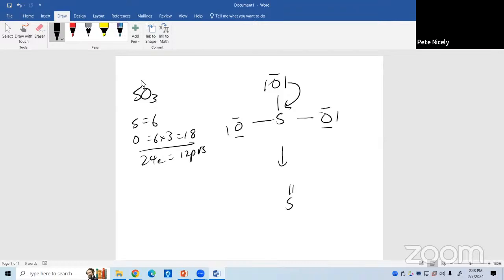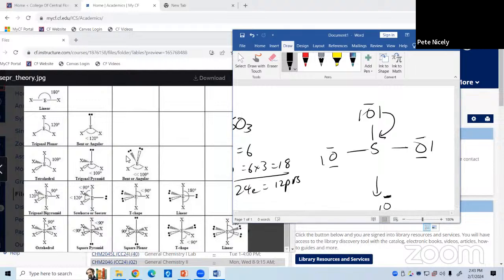So the final structure would be this. Okay, so in this case here, we have a double bond. So in this case here, we have the central atom bonded to 3 other atoms, right? So what do you think, based on the table, what do you think the shape is?